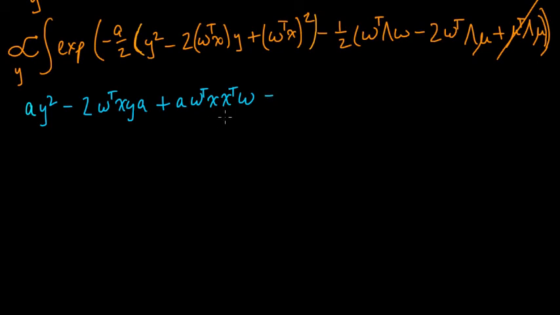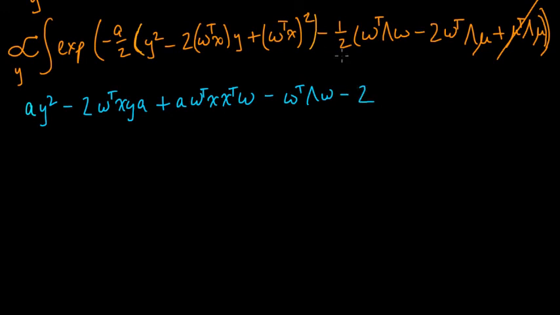This is getting things in the form W transpose something times W. That's my thought process there. And for this part, we pull out the minus 1/2, and we get W transpose lambda W minus 2, yeah, it's minus, right?